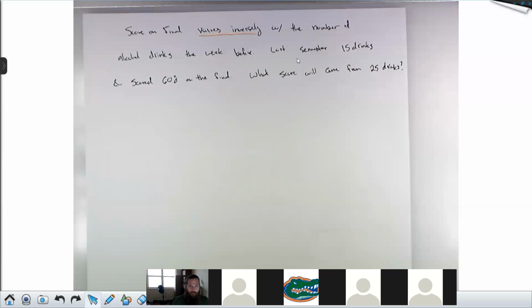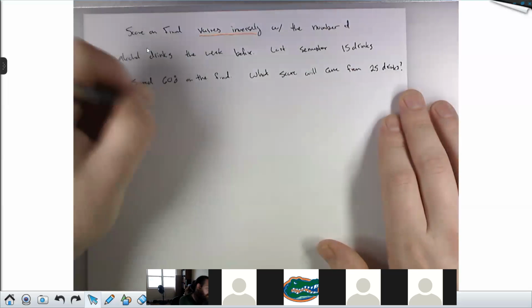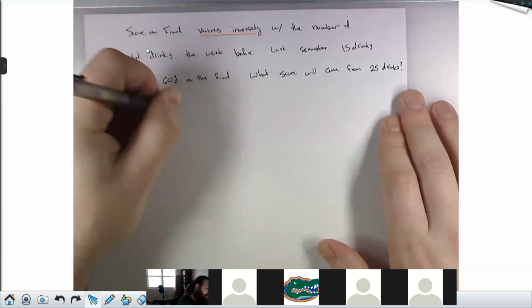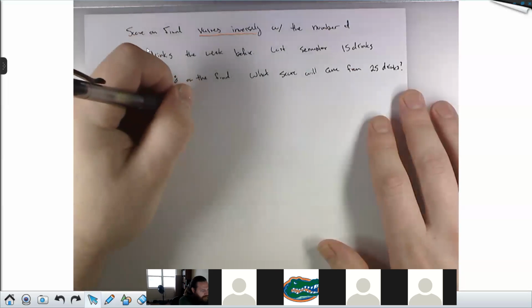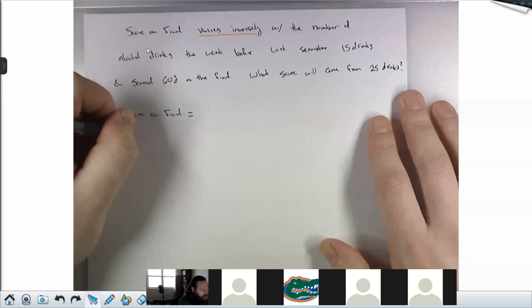K would now be 1 over K, right? That's not quite what varies inversely means. So the constant of proportionality is still just going to show up upstairs. The varies inversely kind of tells us what the variables do, not what the constant does. So I think a good first thing to do is to pick some variables. Let's let the score on final, what do we want to call that? And the number of drinks.